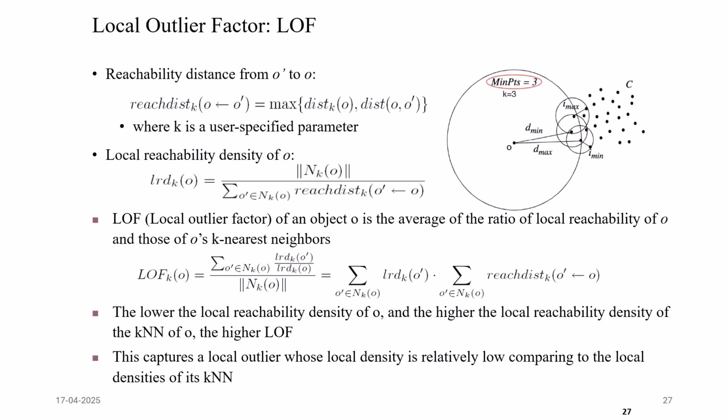The lower the local reachability density of O and the higher the local reachability density of the k nearest neighbors of O, the higher the local outlier factor. This captures a local outlier whose local density is relatively low compared to the local density of its k nearest neighbors.